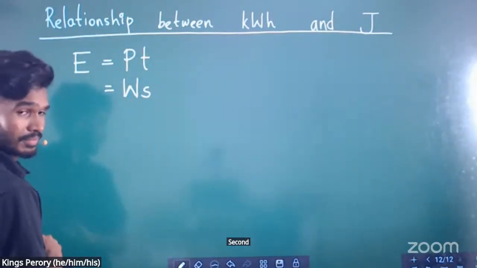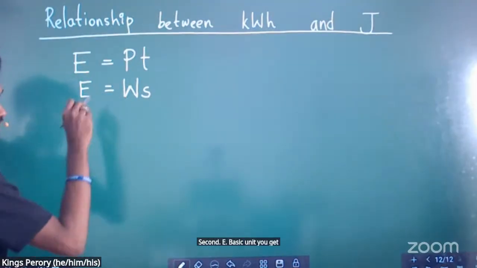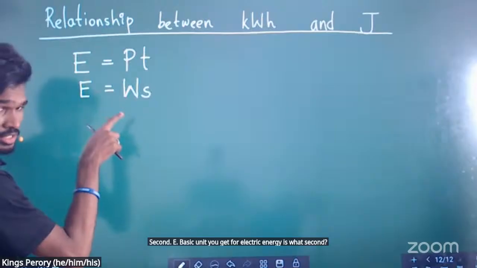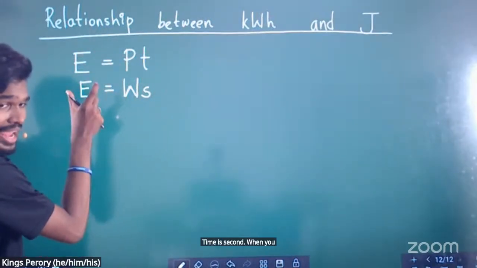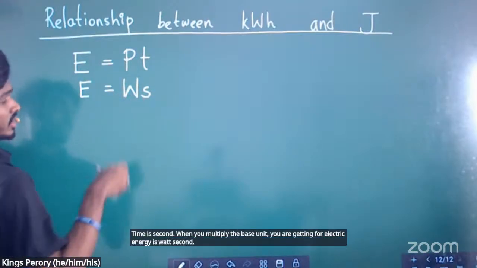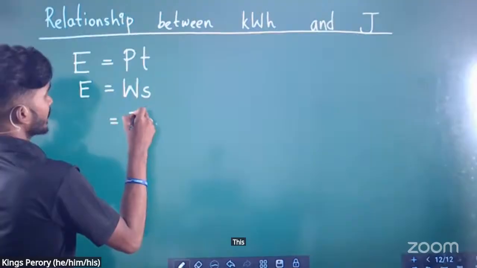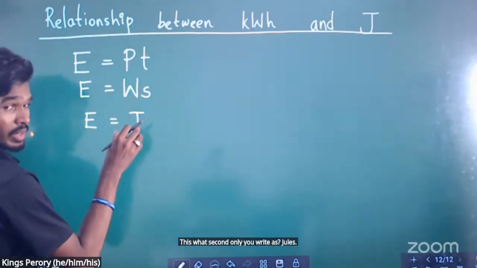The basic unit you get for electric energy is watt second. See, power is watt, time is second. When you multiply, the base unit you are getting for electric energy is watt second. This watt second is what you write as joules.